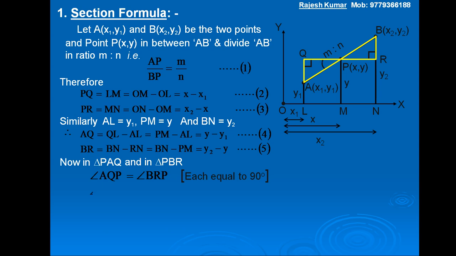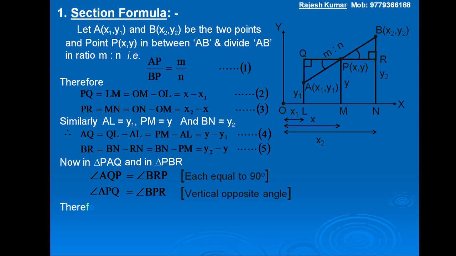And angle APQ is equal to angle BPR. The reason is they are vertically opposite angles, so they are equal. Now in two triangles, two corresponding angles are equal. Therefore, triangle PAQ is similar to triangle PBR.